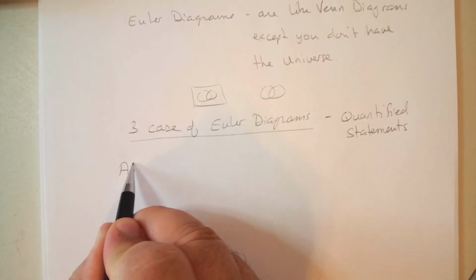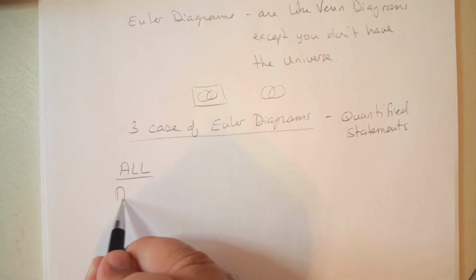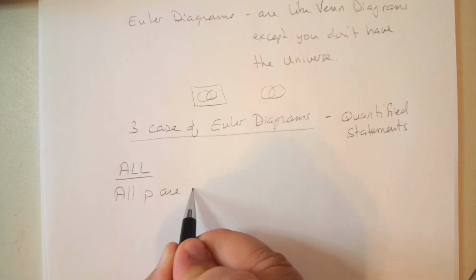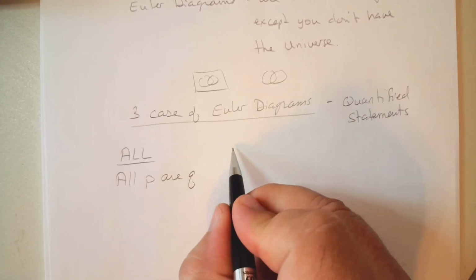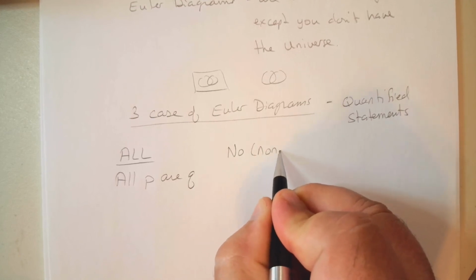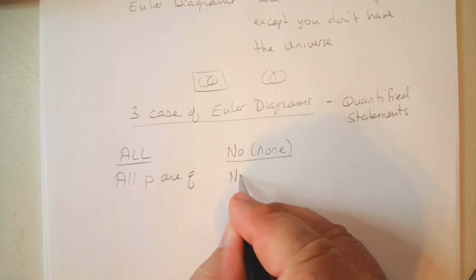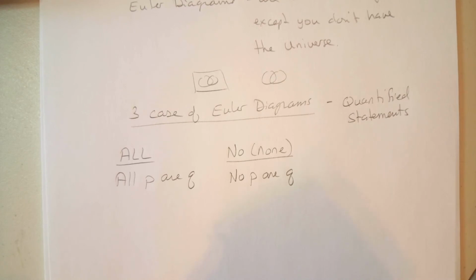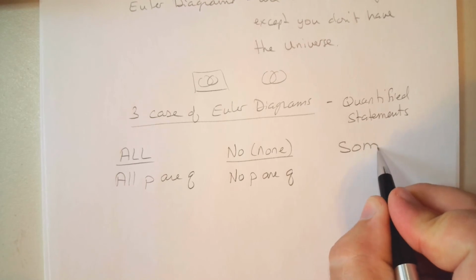If you have the word all in the description, for example, all P are Q, or if you have the word no or none, no P are Q, or if you have the word some.